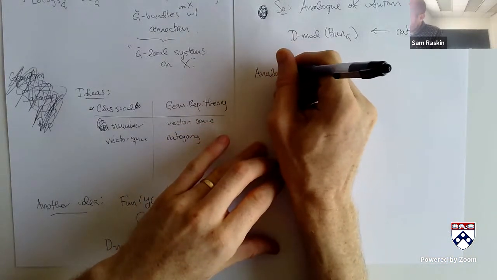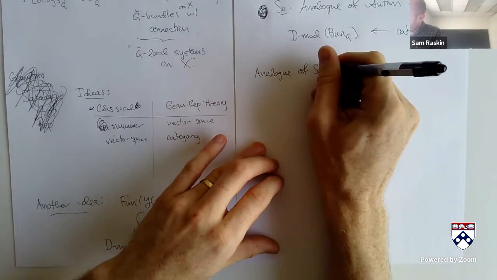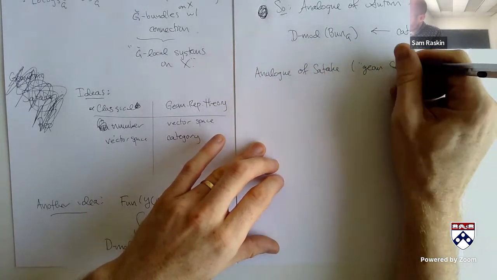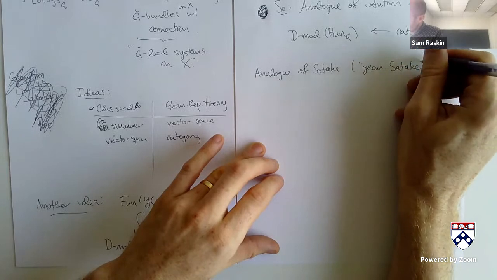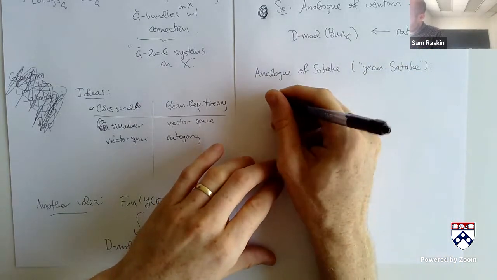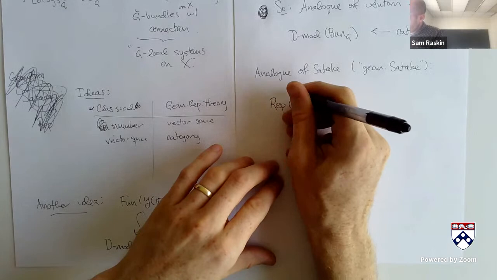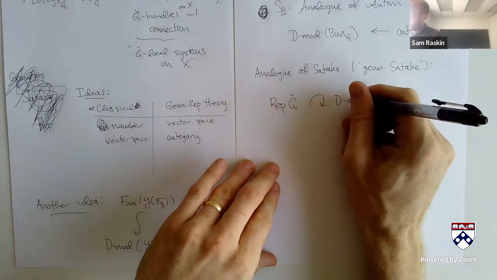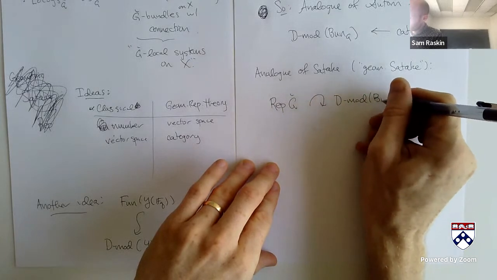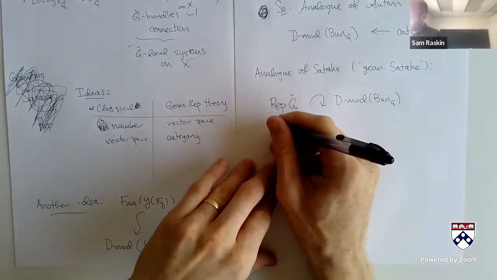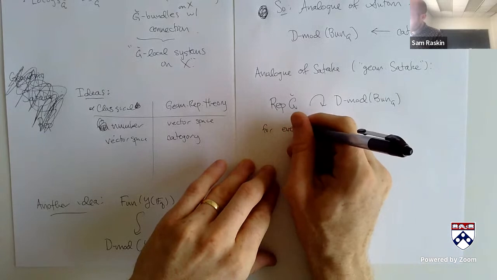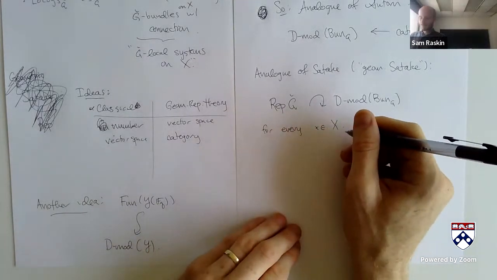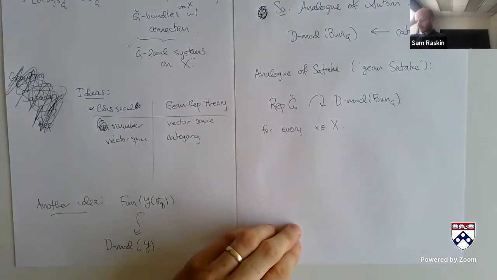Now we have this analog of Satake, and this is called geometric Satake. This is going to say that now this monoidal category of representations acts on the category of D-modules on Bun_G for every chosen point in my ambient curve.